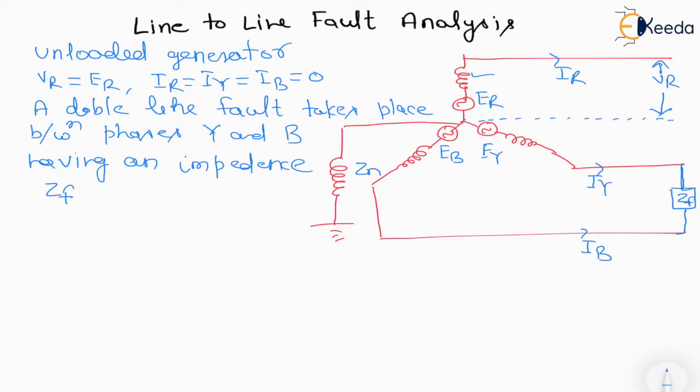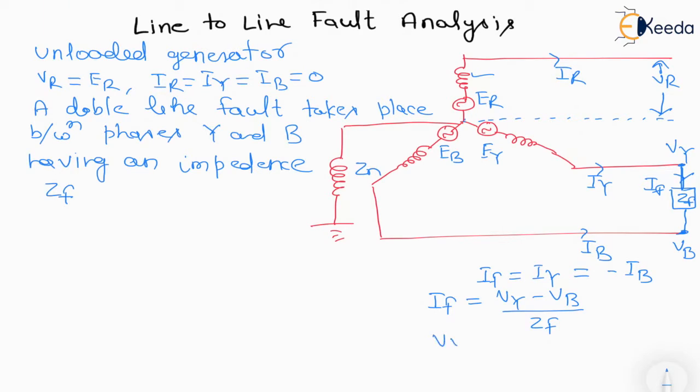and a short circuit occurs between phase Y and B. Now what you can see here is this will be your fault current IF, and you can see clearly that the value of IF will be equal to IY, and while applying KCL you can see that IY will be equal to minus IB. So we have this condition, and if this is Vy and this is Vb, then IF we can write as Vy minus Vb upon ZF.